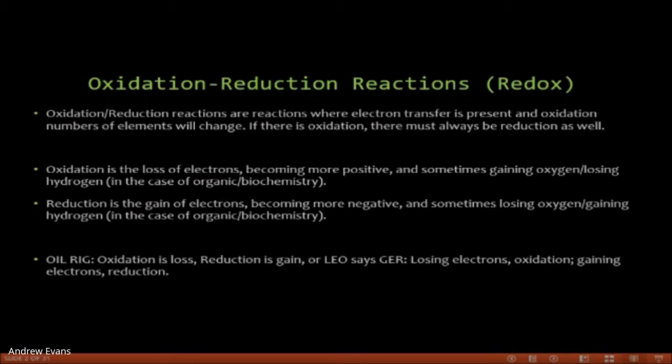An element that is oxidized will sometimes be gaining an oxygen or losing a hydrogen. For those who will eventually have to take organic chemistry, when we talk about oxidation in terms of organic chemical reactions, oxidation usually occurs with the addition of oxygens. So we're going to lose a carbon-hydrogen bond to make a new carbon-oxygen bond.